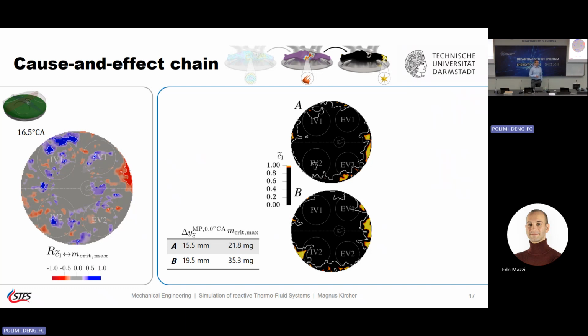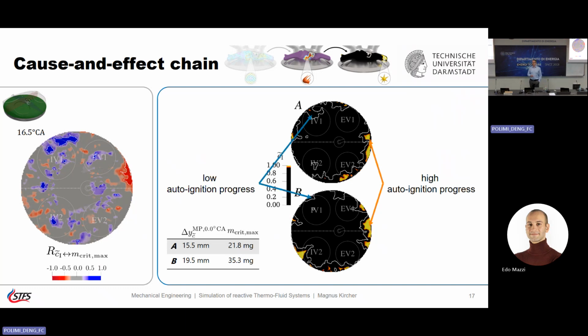What is plotted here is the flame front as a white isoline and the auto-ignition progress variable CI, colored so that only regions that contribute to the critical mass are shown in yellowish colors. What can now be found is that the fresh mixture in the pockets between the flame front and the cylinder liner shows high auto-ignition progress between the exhaust valves, indicating that almost all of this unburned pocket mixture is undergoing auto-ignition and contributing to the critical mass.